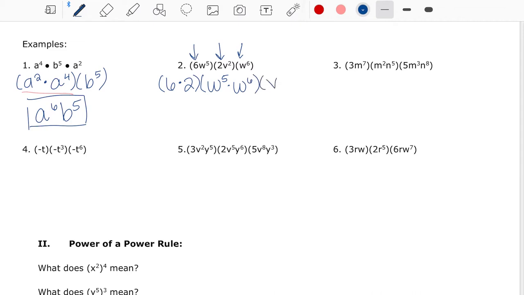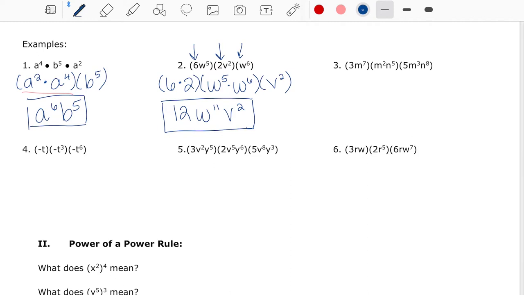And then v squared doesn't have any other friend with it. I know I can simplify 6 times 2. That gives me 12. And then w to the fifth times w to the sixth. Because they have the same base, I can add the exponents to get w to the 11th. And then v squared because there was no other v's. This is my simplified answer, so I'm done.